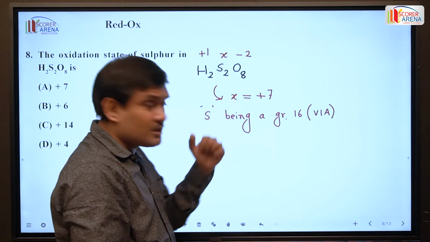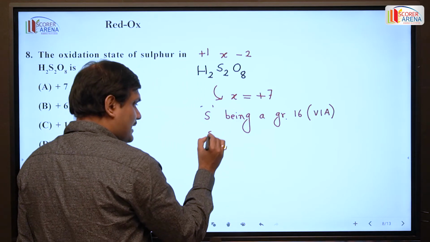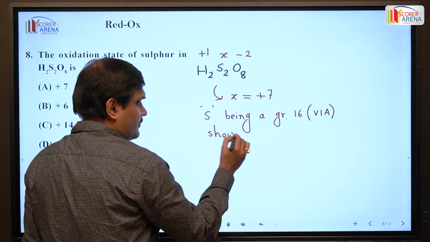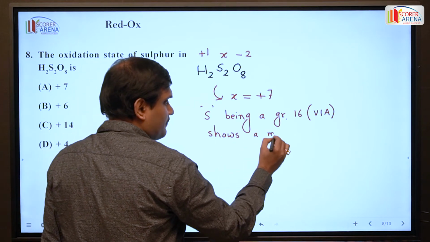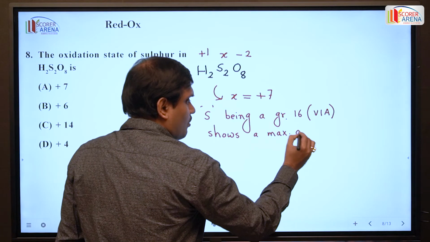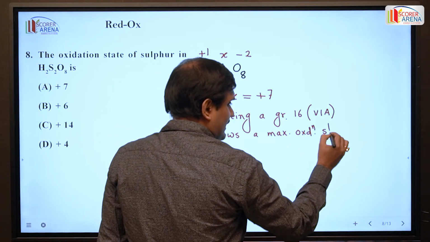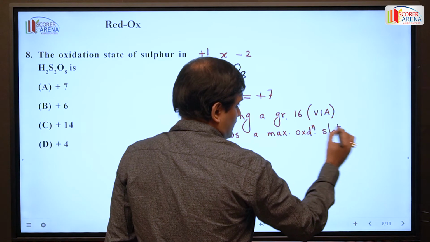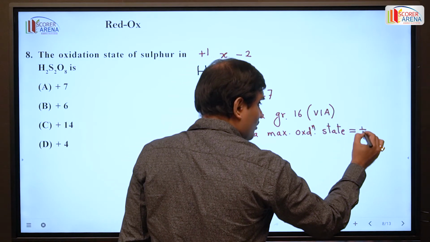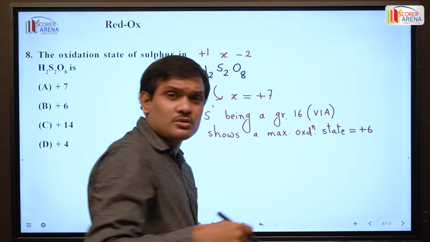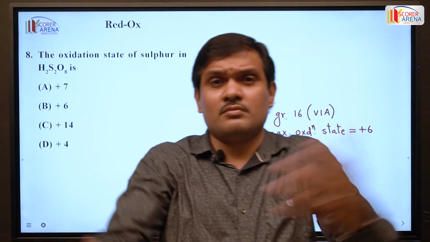Sulfur, being a group 16 element, shows a maximum oxidation state of +6. So sulfur cannot show an oxidation state beyond +6.